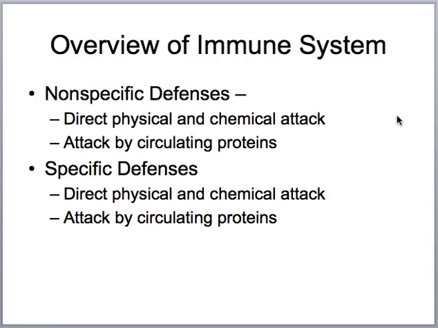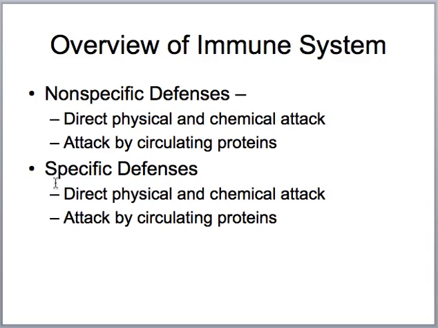So, if we look at an overview of this immune system, we see that we've got nonspecific defenses and specific defenses. The nonspecific defenses are going to mount a direct physical and chemical attack. We saw that before. We talked about our natural killer cells and our neutrophils and those kinds of things. And there also are circulating proteins. We talked about interferons and complement proteins.